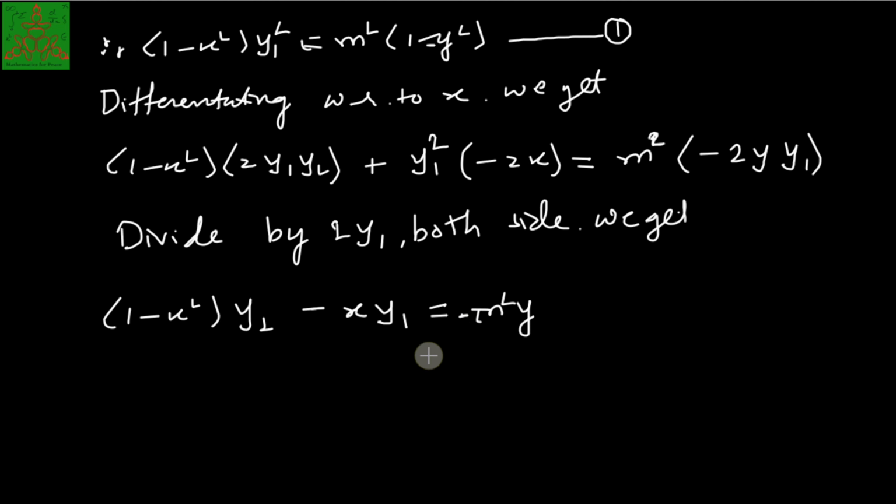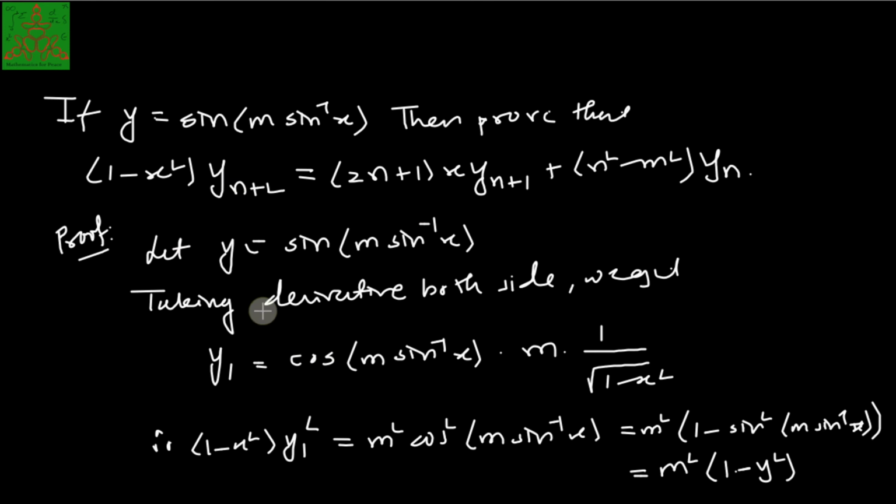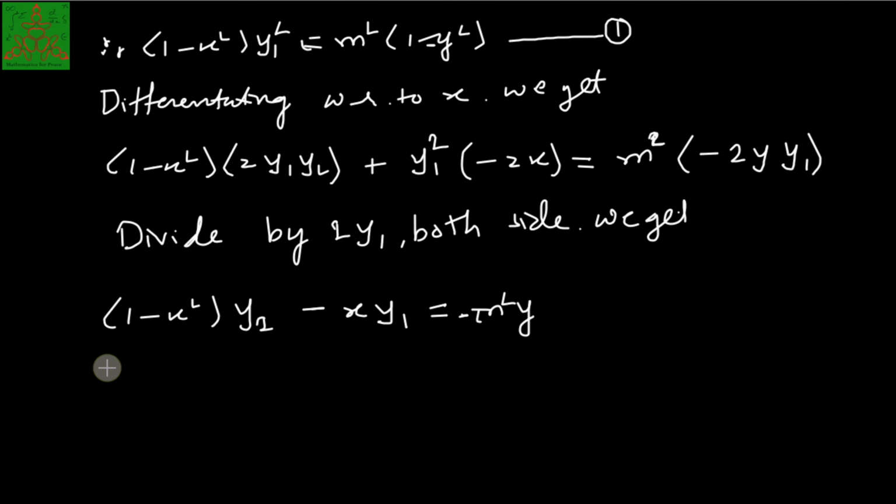So this is what we got. Now since this is y2, and as per the required thing it is y(n+2), taking the nth derivative of both sides, we get.